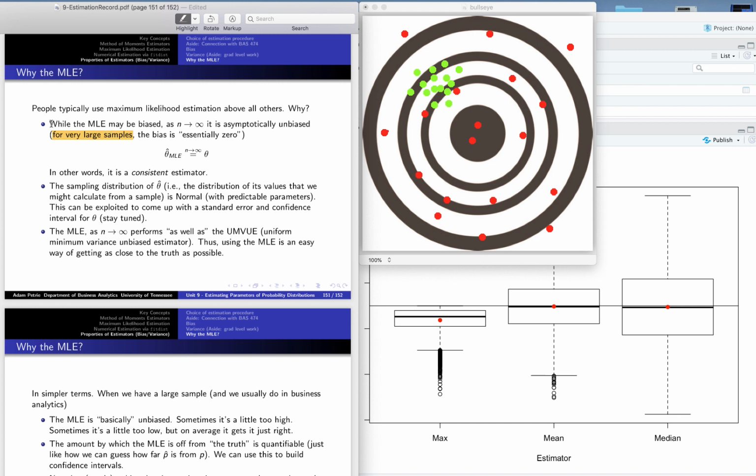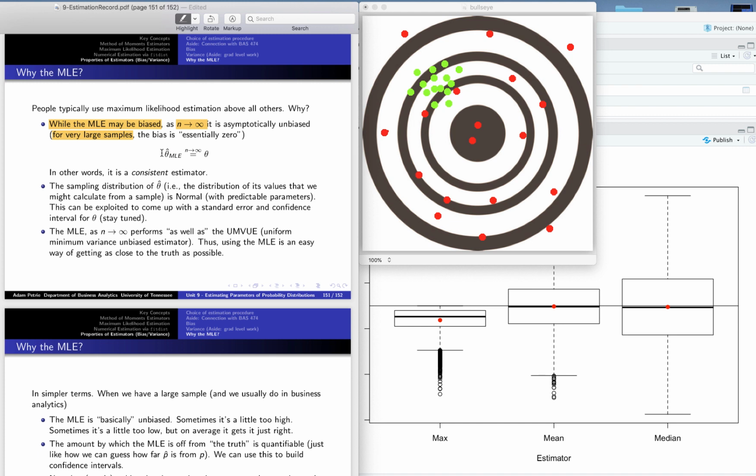For a finite size sample, a few dozen or so, the MLE might be biased, but you can show mathematically that as the sample size grows off to infinity, that bias goes closer and closer to zero.